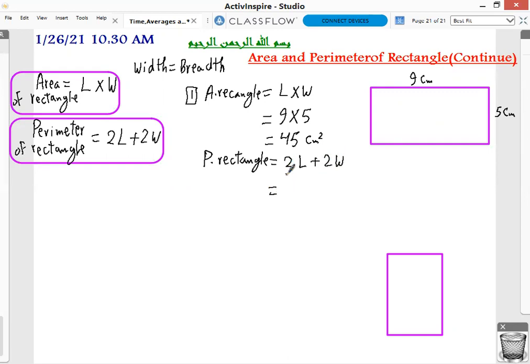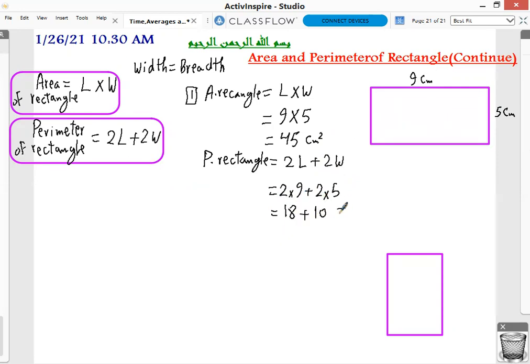Then 2L, just substitute instead of L, you will put what? 9. Instead of W, you will put what? 5. Then it will be 2 times 9 plus 2 times 5. Then if you calculate it, 2 times 9, 18 plus 2 times 5, 10.